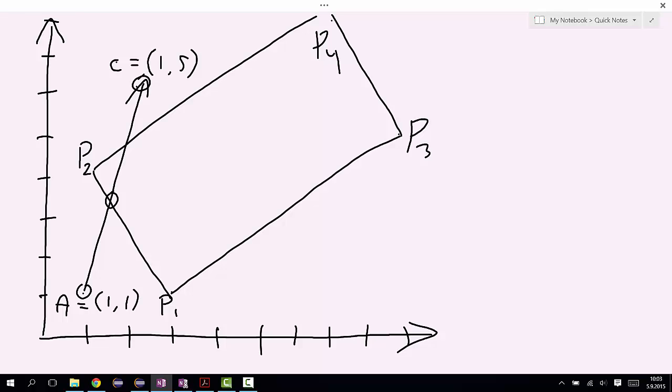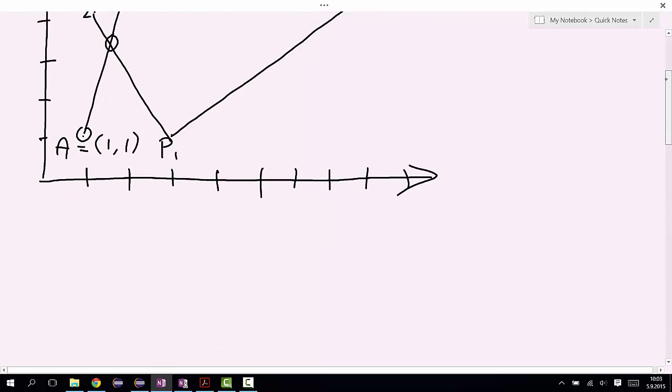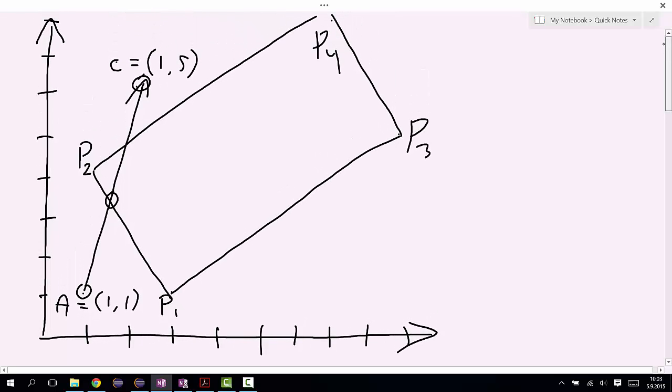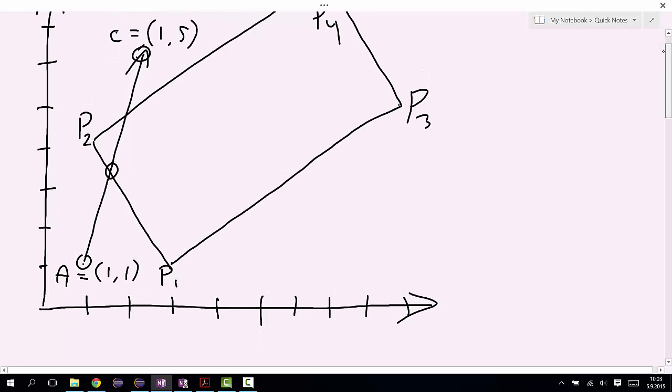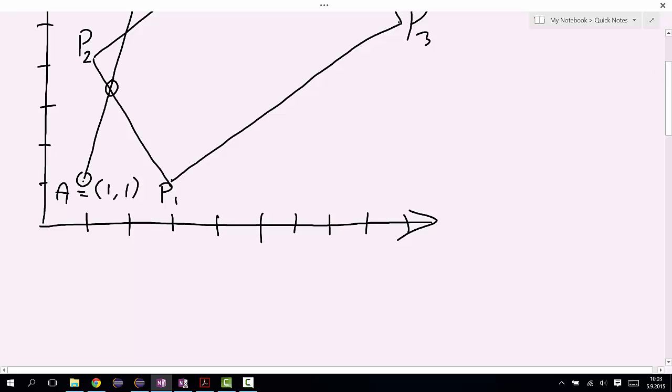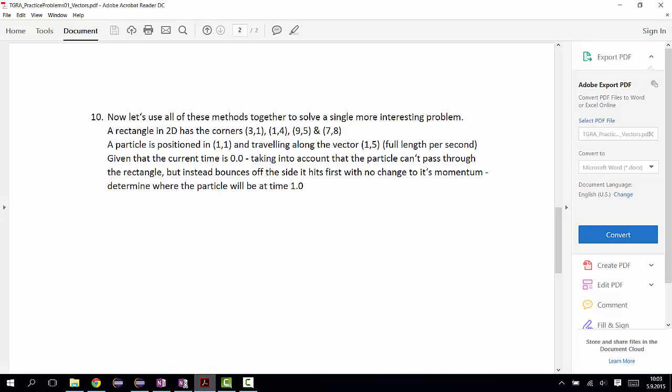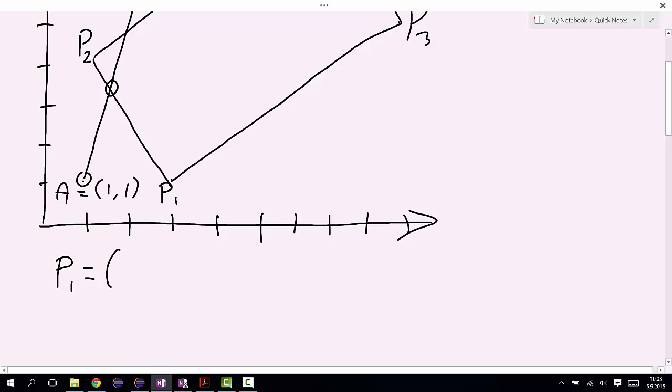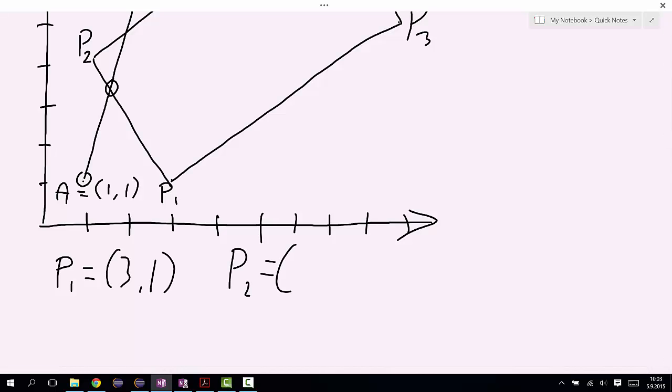Okay, so to begin with, we have this line here between P1 and P2, and we need to find a way to make that some kind of point normal form. So P1 equals 3, 1, P2 is 1, 4.